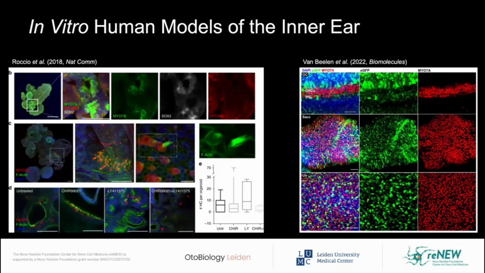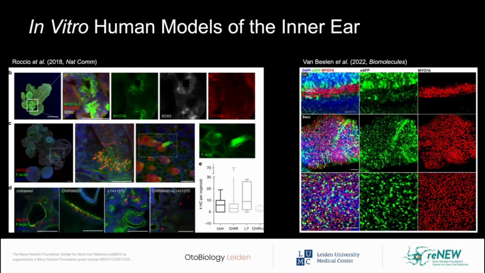But if you look in the literature, there are some other models out there that are just human inner ear tissue in a dish. Here on the left, you can see a paper from Marta Roccio, in which she collected fetal inner ears, dissociated them, collected cells from the prosensory domain of the cochlea, so that's the developing organ of Corti, and brought this back into culture.